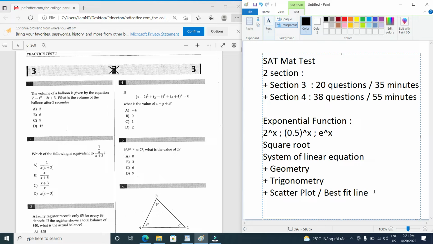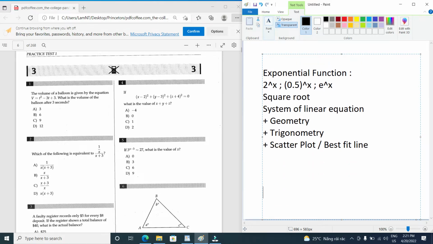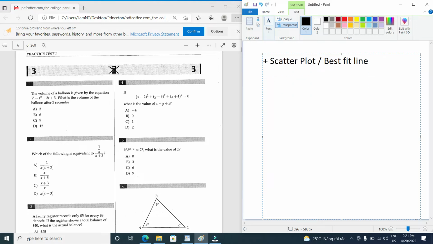Okay, so first of all, let's do it from the beginning. So section 3. Okay, so for the first question, you just have to plug 3 into the equation, right? So V is equal to t squared minus 3t plus 3.